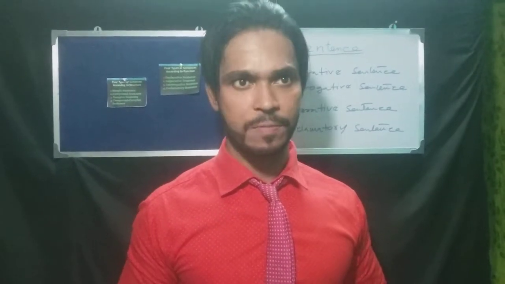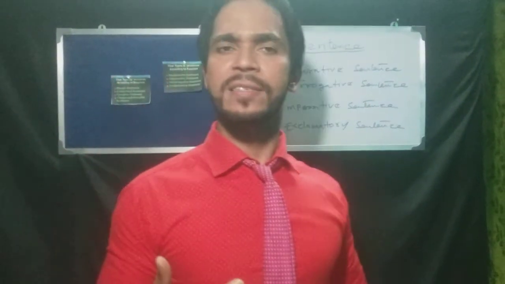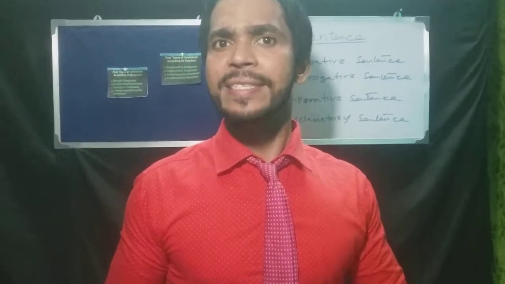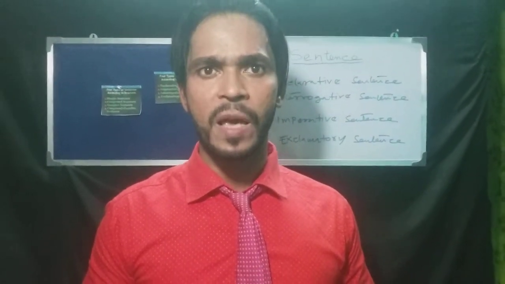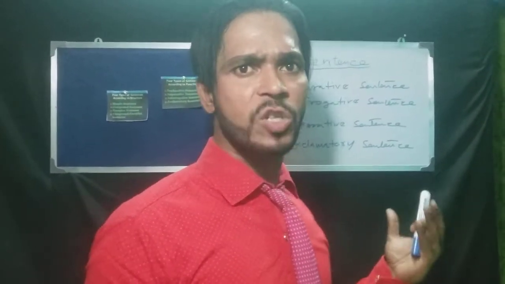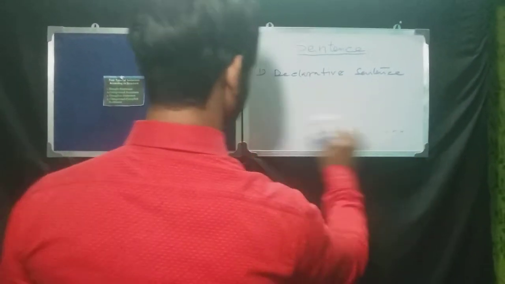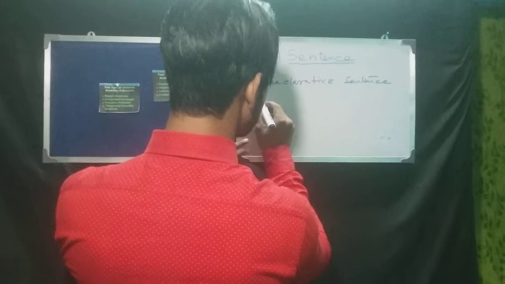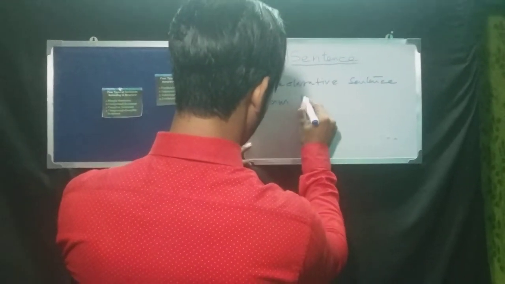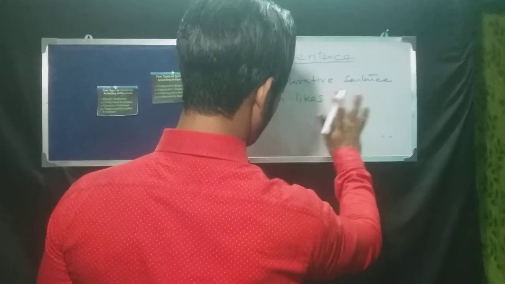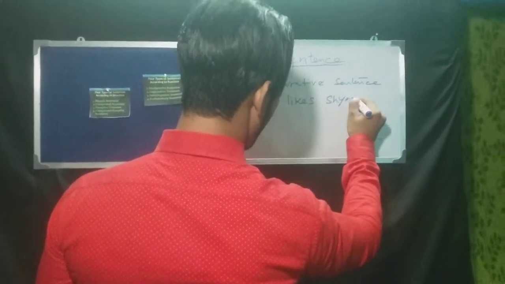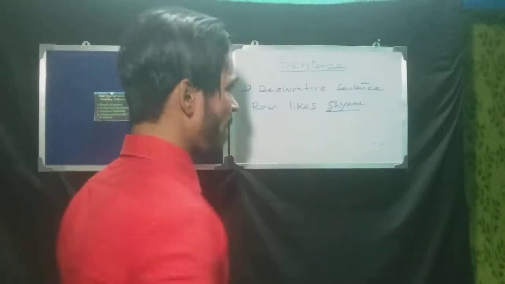Declarative sentence is also called an assertive sentence. Declarative sentence tells us something. It tells us a normal statement. Look at an example. "Ram likes Sham."